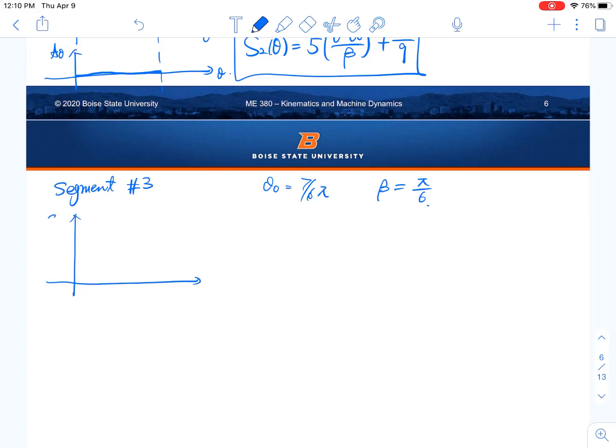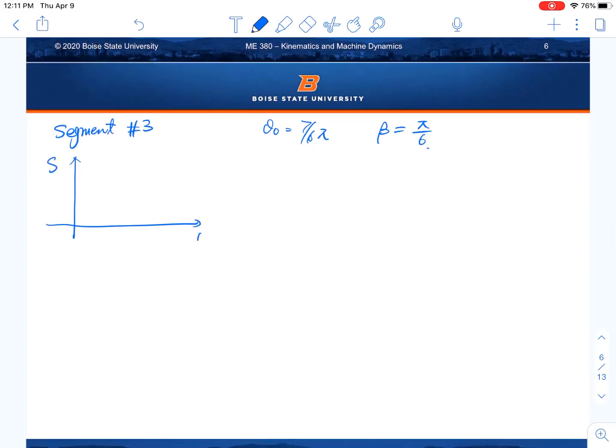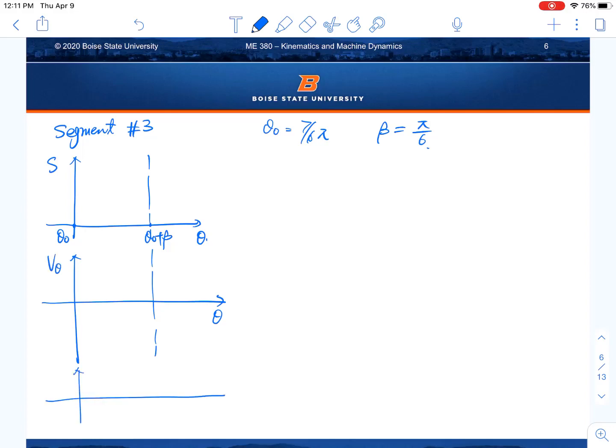Let's plot all the S, V theta, A theta we already know. Starting from theta naught all the way to theta naught plus beta, that's the range of your segment. And then you have your theta, your V theta, your A theta.